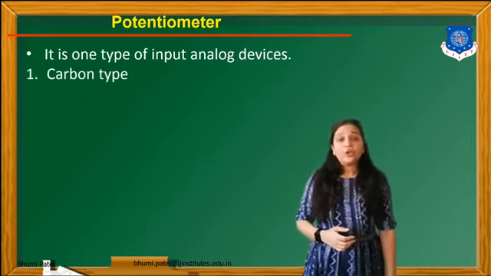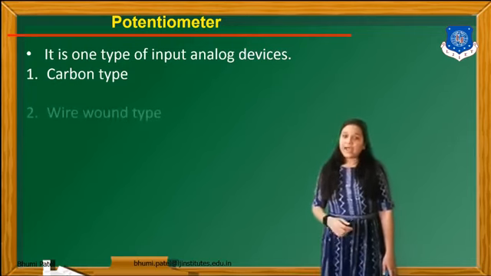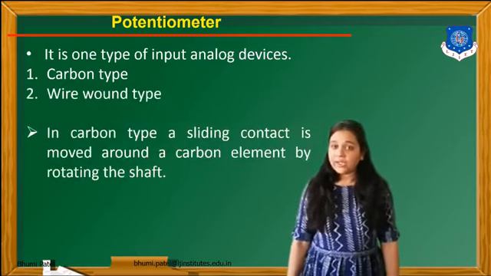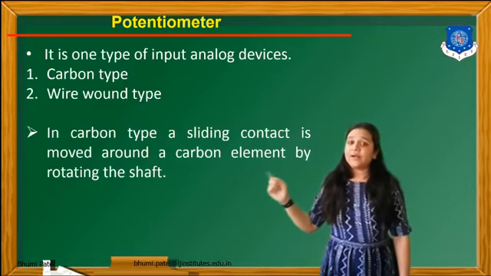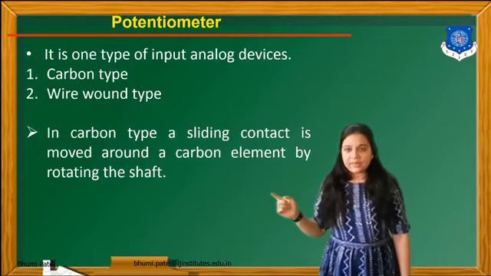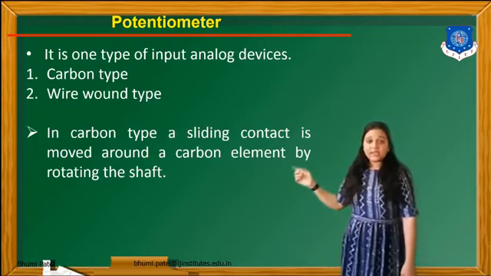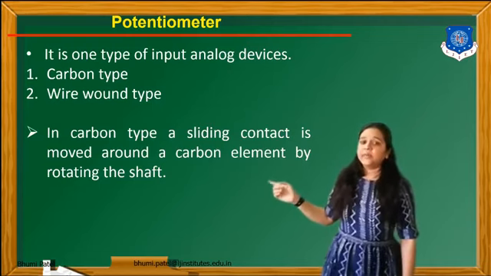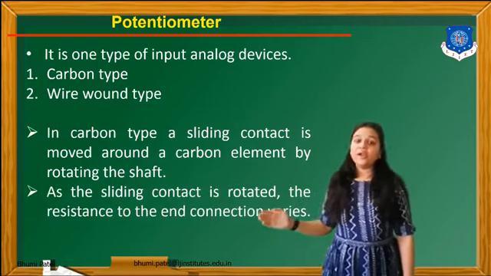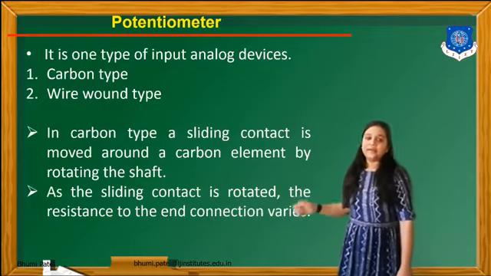There are two types of potentiometer. The first one is the carbon type and the second one is the wire wound type. In the carbon type, a sliding contact is moved around a carbon element by rotating the shaft. It is the construction of the carbon type potentiometer. As the sliding contact is rotated, the resistance to the end connection varies.